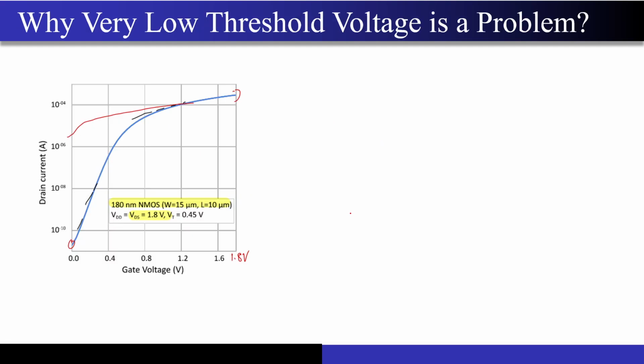Now what is the problem of doing this? Again, this diagram has been taken from the lecture material. See, when the MOSFET is on, I let's say want to have 1 microampere of current, and when the MOSFET is off, I want to make sure that the off current is at least 10 to the power 4 times smaller than my on current.